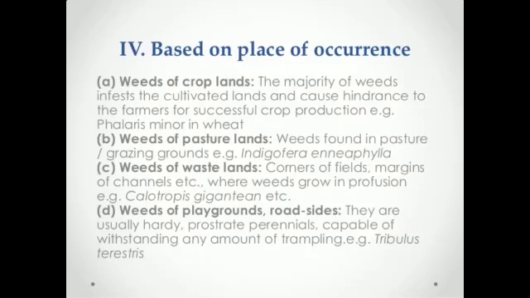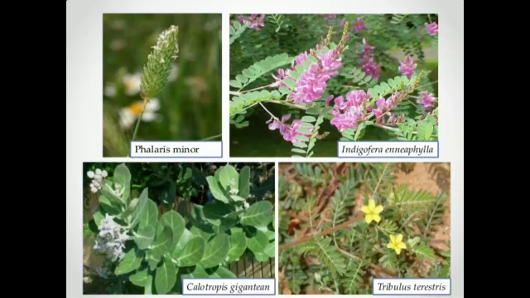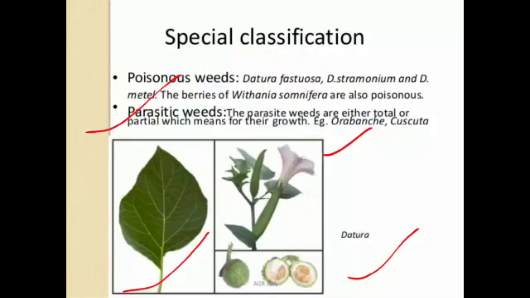Then weeds of playgrounds or roadsides. They are usually hardy, prostrate perennials capable of withstanding any amount of trampling, like Tribulus terrestris. These weeds grow around roads. These are pictures of weeds like Phalaris minor, then Indigofera enneaphylla, then Calotropis gigantea and Tribulus terrestris.